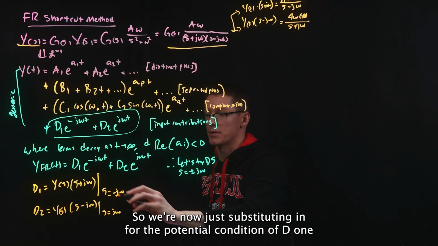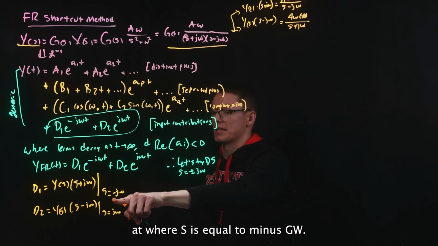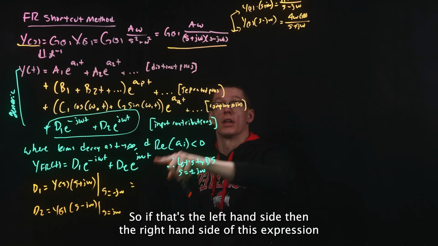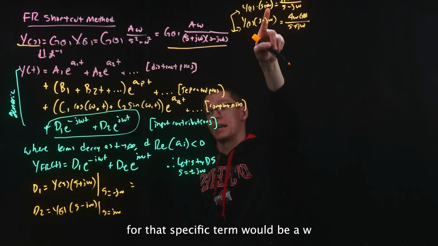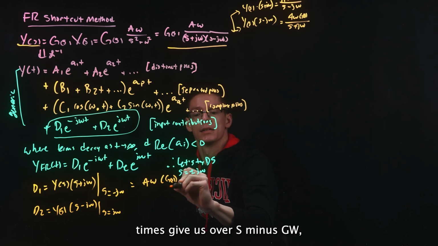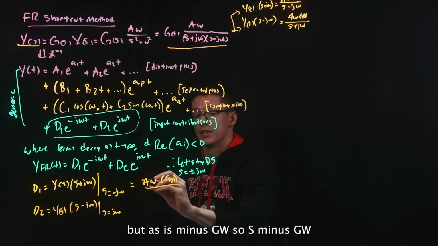So we're now just substituting in for the potential condition of d1 at where s is equal to minus jw. So if that's the left-hand side, then the right-hand side of this expression for that specific term would be aw times g of s over s minus jw, but s is minus jw.